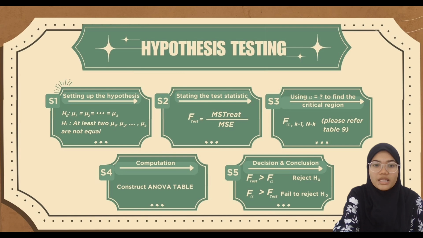Then we need to find F alpha, k minus 1, n minus k. Next, we need to do computation by constructing the ANOVA table. Lastly, we need to make a decision and conclusion which determine whether we must reject or fail to reject H-null based on the F alpha and F test value.